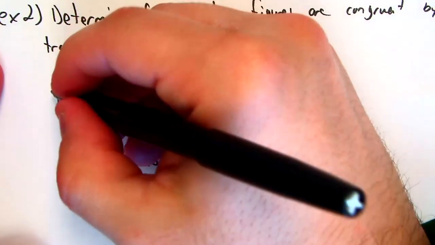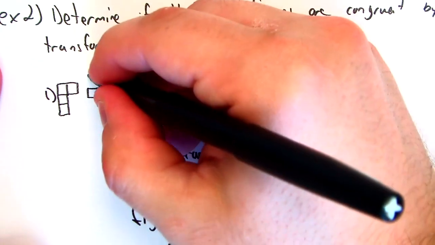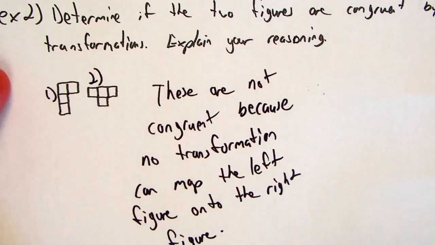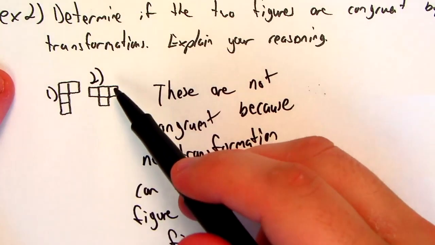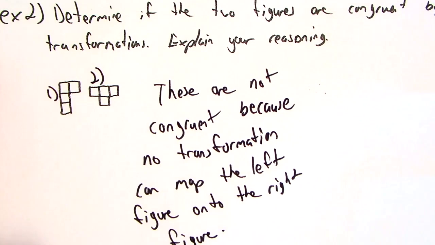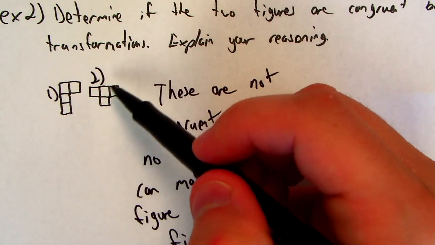Now, if we wanted to label these as like 1 and 2, we could. And then we would say we can't map 1 onto 2, or we can't map 2 onto 1. But really, all we have to say is we cannot map them onto each other because there are no transformations that will get us from this shape to this shape or vice versa.